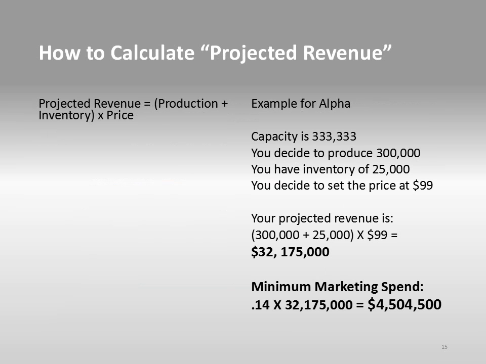You have an inventory of 25,000, and you decide to sell the product at $99 a piece. Your projected revenue then is 300,000, that's your production, plus the 25,000 inventory times $99. So your projected revenue is $32,175,000. Take 14% of that, and your minimum marketing spend is $4,504,500.